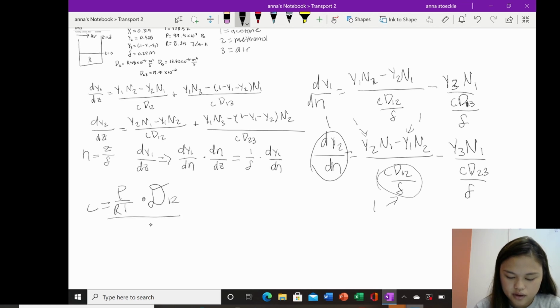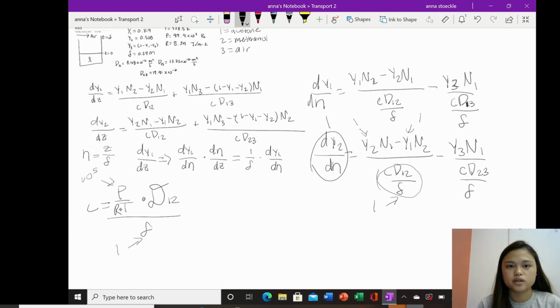And then put that all over delta. So let's start plugging things in. We already know that delta is going to be 1. And then the pressure is 10 to the 5th pascals, order of magnitude.